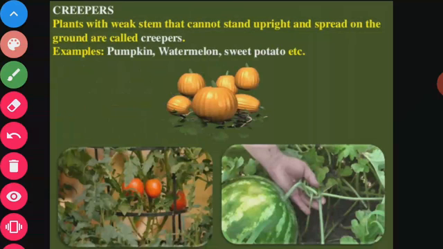Herbs have a soft, weak, short stem. Shrubs are somewhat bigger than herbs and have a woody stem with many branches growing above the ground.